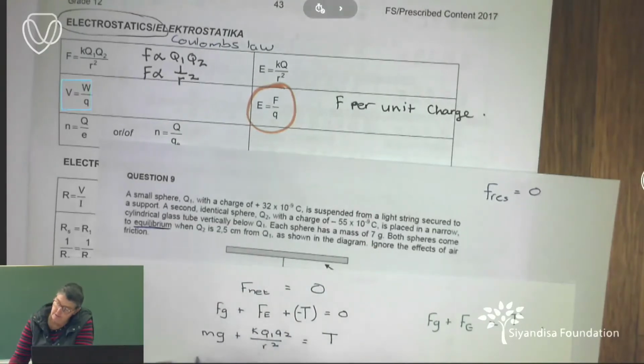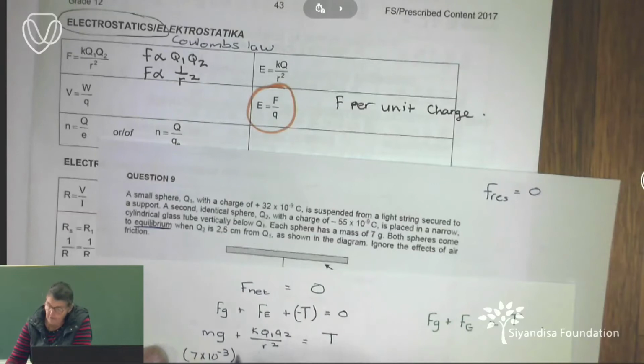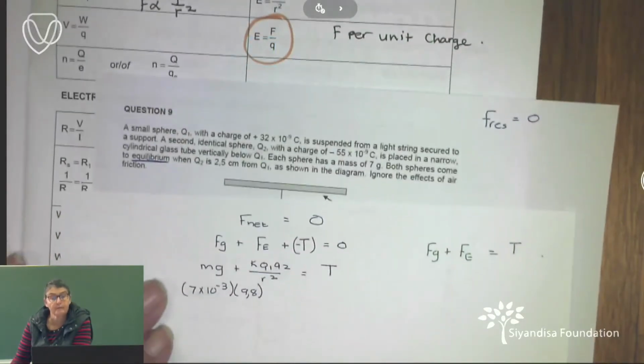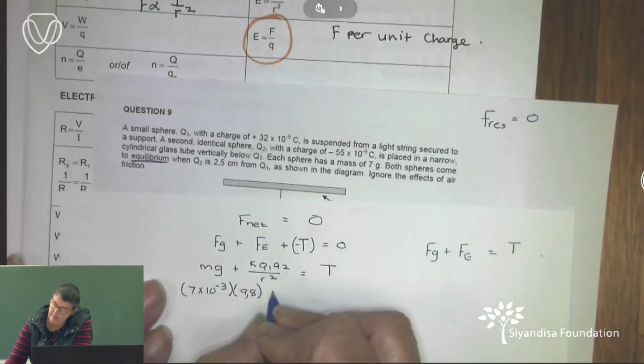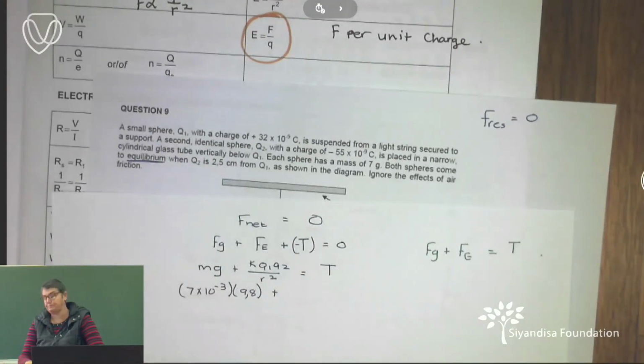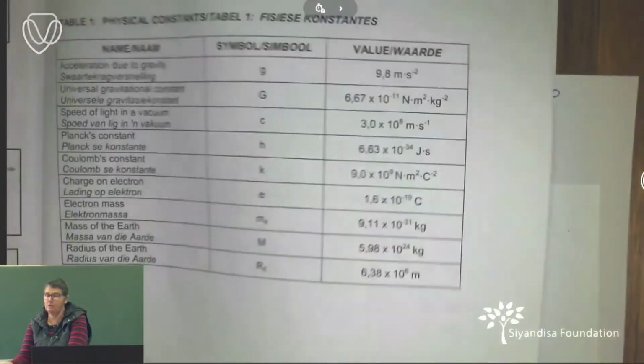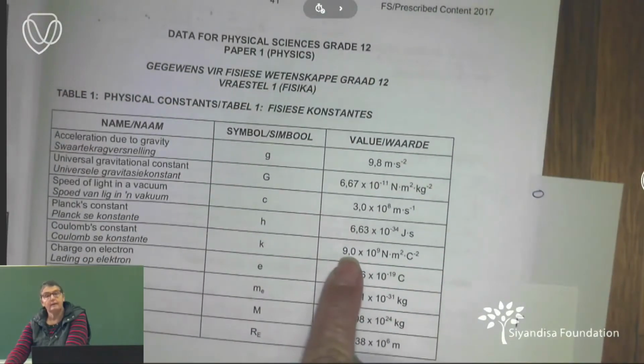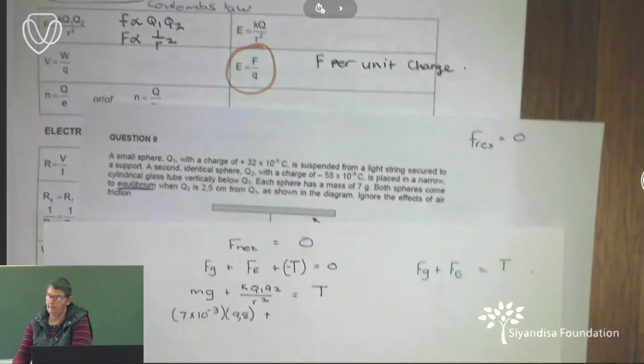So it's going to give me 7 times 10 to the negative 3 times my gravity, which is 9,8, which is plus K. Let's just go back. My constants. K, 9 times 10 to the 9th.